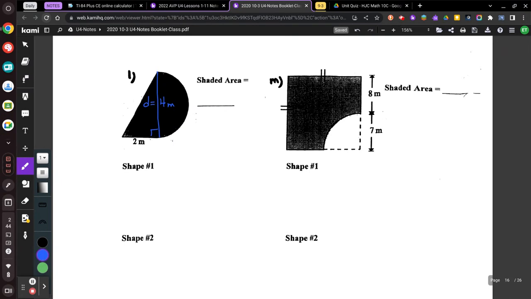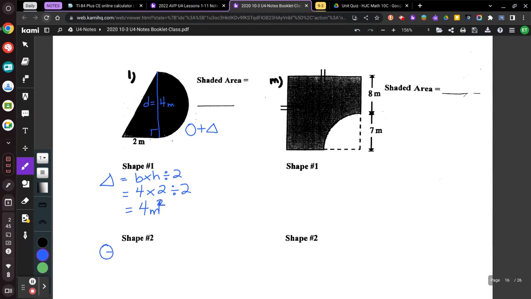So we have 2 shapes here. We have a triangle and a circle divided by 2. And then for our total, we're going to take circle plus triangle. So area of a triangle, base times height, divide 2. That's going to give us 4 times 2 divide 2, which is going to give us 4 meters squared.